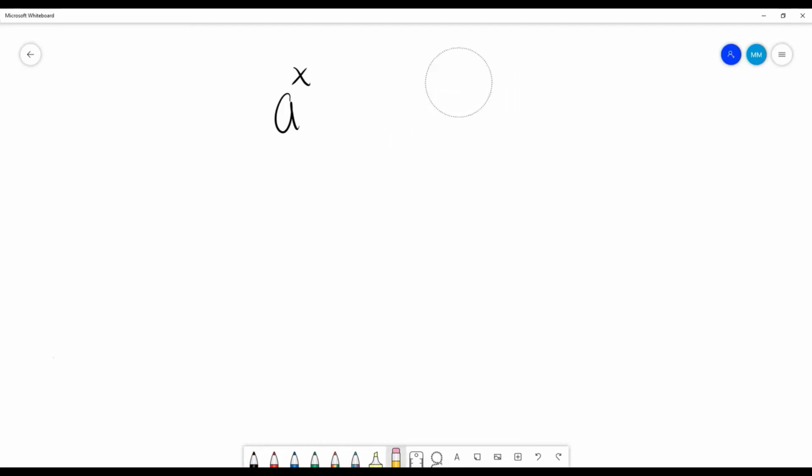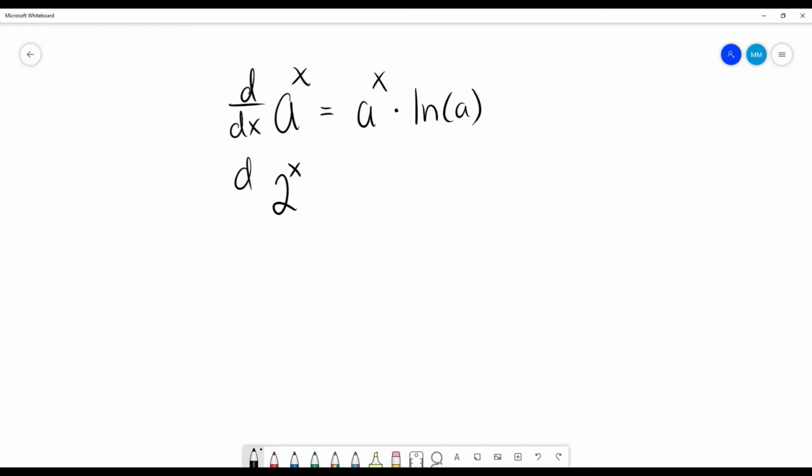If we want to find the derivative of a to the x, that's going to be itself times the natural log of whatever a is. So if I have 2 to the x, the derivative of 2 to the power of x is going to be 2 to the power of x times the natural log of 2.